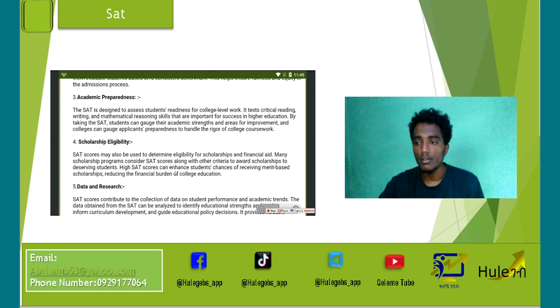As I have illustrated, it also predicts the academic preparedness of a student. It tests critical reading, writing, and mathematical reasoning skills that are important for success in higher institutions. By taking the SAT, students can gauge their academic strengths and areas for improvement, and colleges can gauge applicants' preparedness to handle the rigor of college coursework.